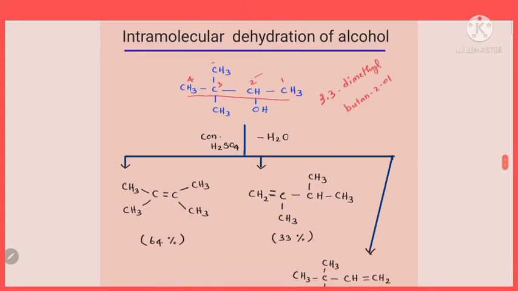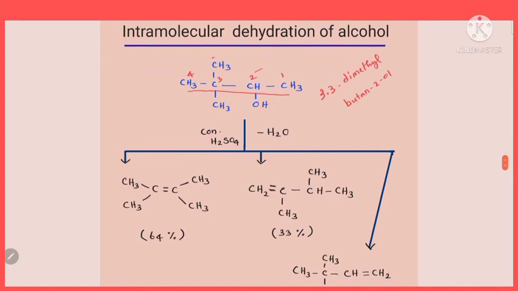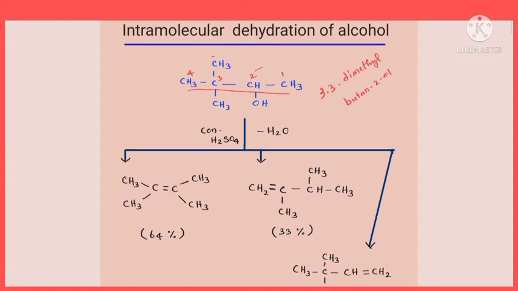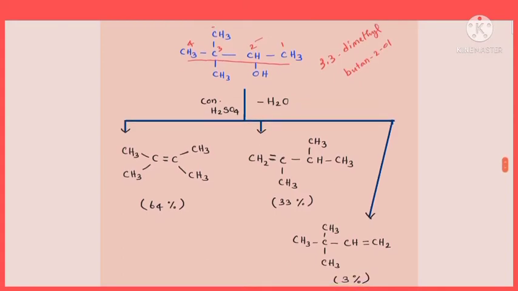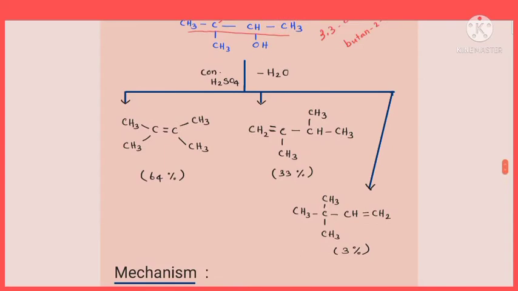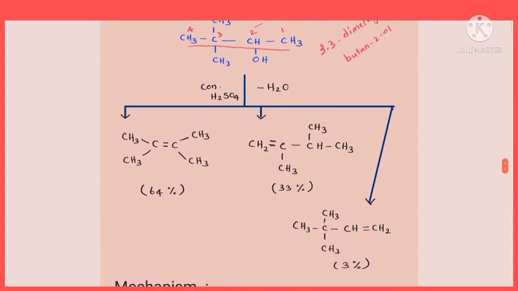Now when this is treated with concentrated sulfuric acid, a dehydrating agent, water is removed from the compound. It undergoes intramolecular dehydration. As a result, this 3,3 dimethyl butan-2-ol gives three different alkenes. This is the first one, and we will see the names later on.